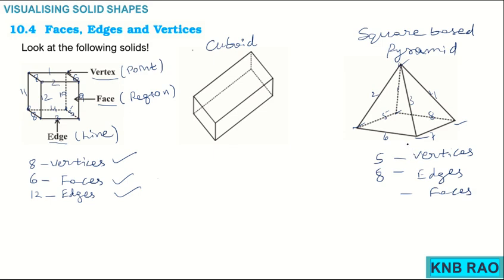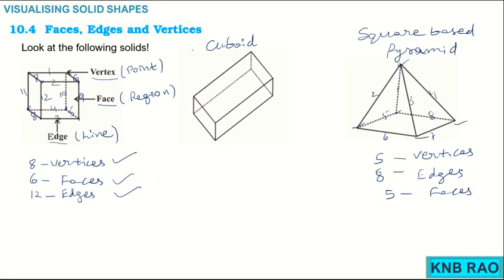And you can see square base as a one face and 4 triangular regions put together, 5 surfaces or 5 faces. So, this is how you can count, and you are going to learn relation between the faces, edges and vertices.